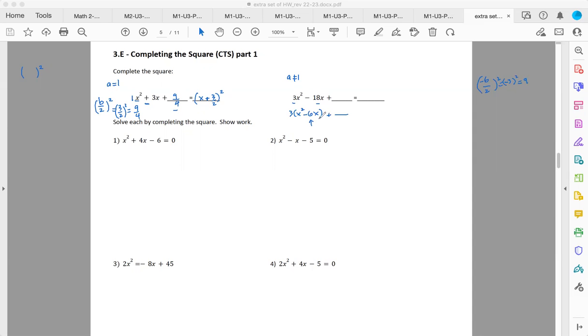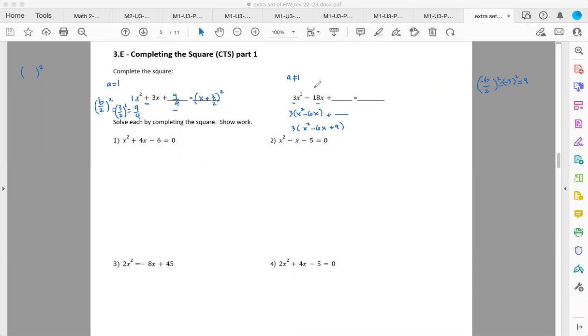So if I add 9 inside, let me write this as a third step here. If I were to add 9 to this value, it will complete the square, right?